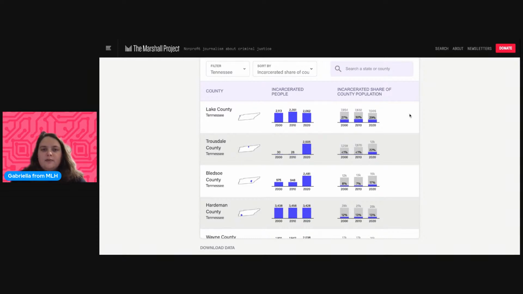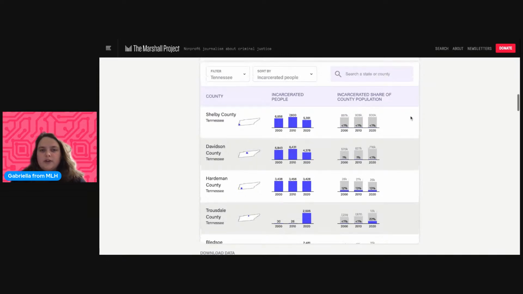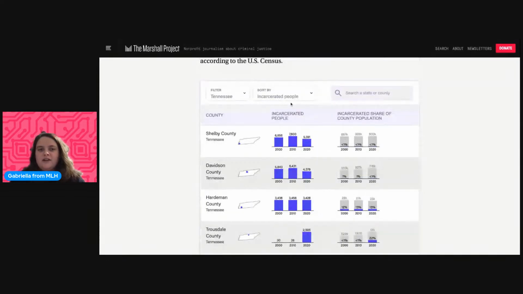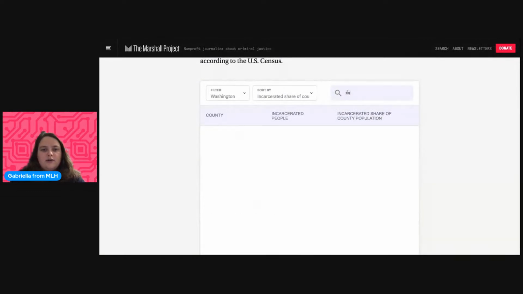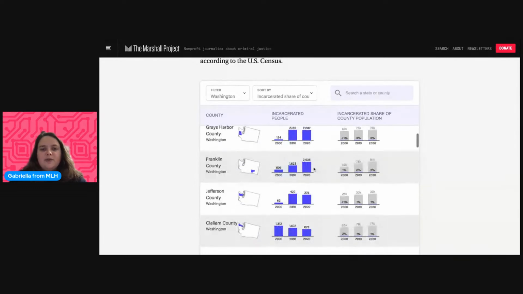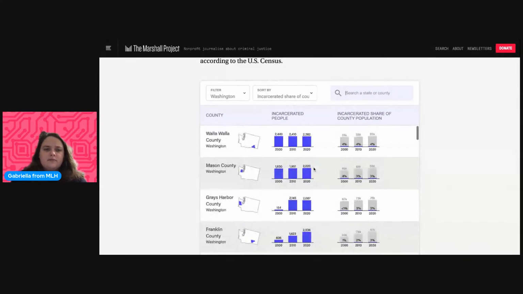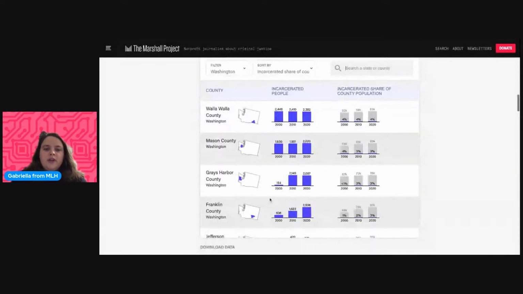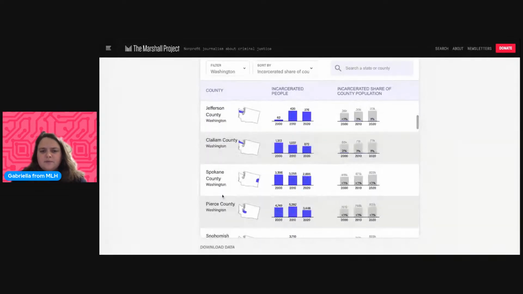It goes from incarcerated people to incarcerated share by county population. And then, for example, if you want to go to Washington, I don't know the county for Seattle, but here are the different counties. You can scroll through and also see different counties around you.